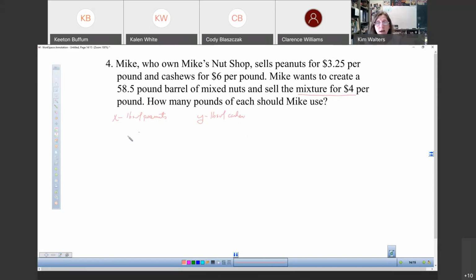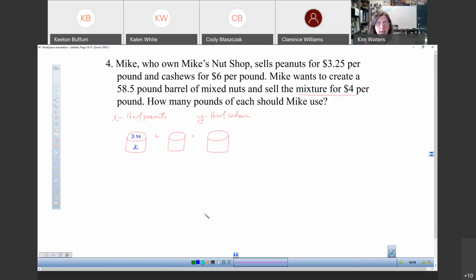And we can have our containers where, if you remember, we put the amount on the bottom and then the price or percent, if you happen to be working with that kind of mixture problem. But your price goes on the top and your amount goes on the bottom. So for my price, here's going to be $3.25 for a pound of peanuts and X peanuts.